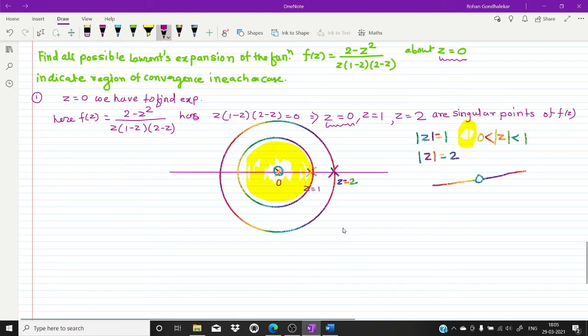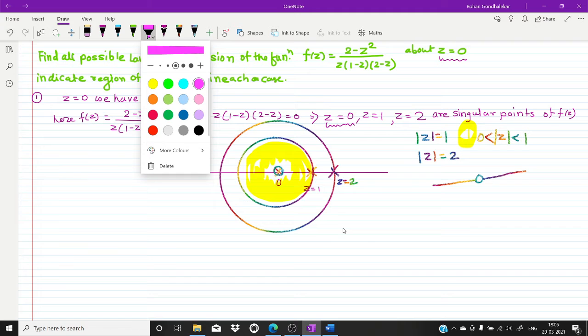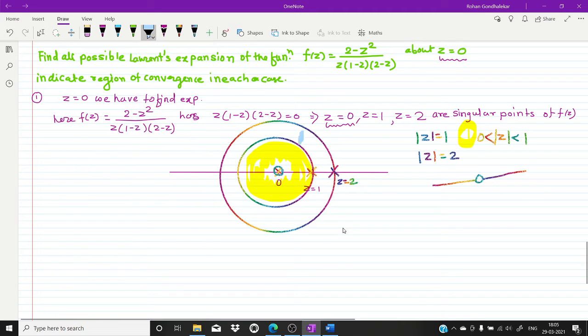So my first region of convergence is this. Got it? Now the second region of convergence would be, I'll take some different color, this. This is also an annulus. So this is my second region. Now what will be its equation?